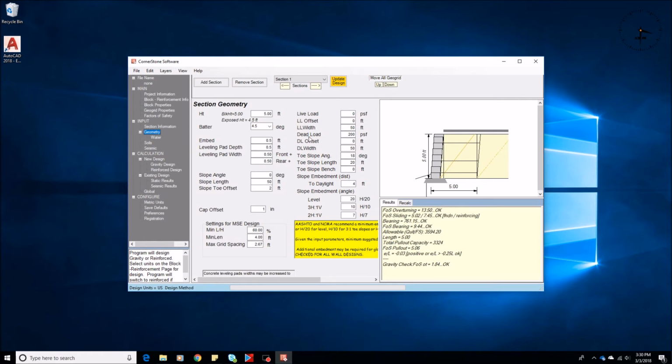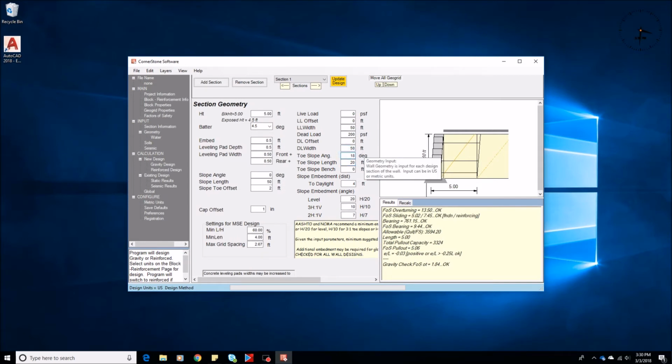So we've talked about live load, dead load, toe slopes, slope embedment. These numbers don't impact the design, but what they do is you'll notice that this box down here is yellow. If I said I had a 0 toe slope, it goes back to a beige color.